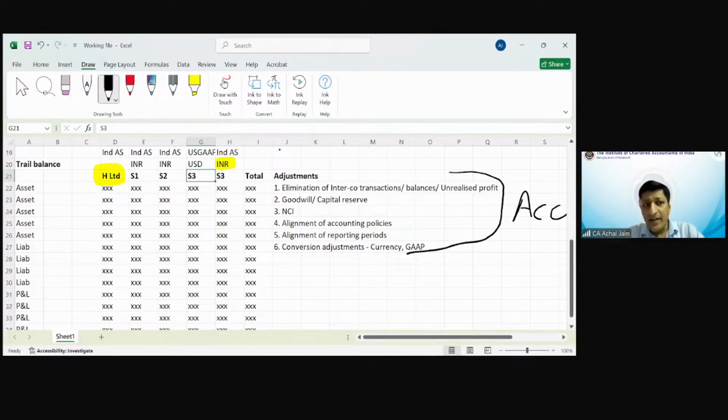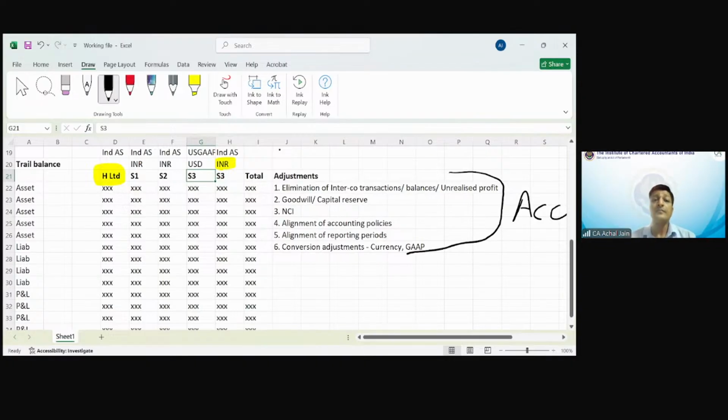See, Indian entities, H Limited, S1, S2, they may be following auditing standards which are applicable in India. Correct? You can say the audit framework which is there in India.